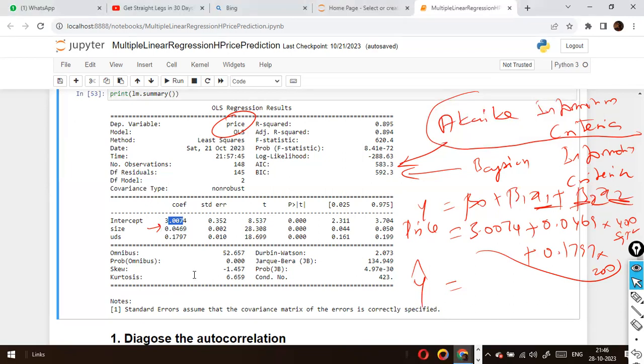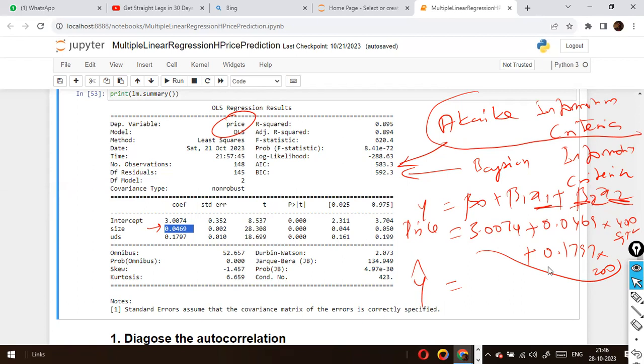So what does this value do? For example, a 1 unit increase in the size, or a 1 unit increase in the square feet, will have 0.04 times increase in your housing price by holding all the other variables constant.